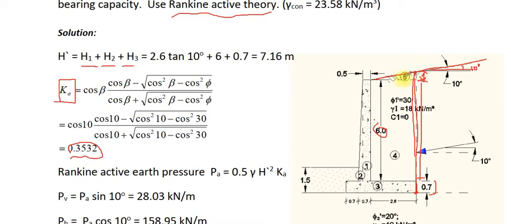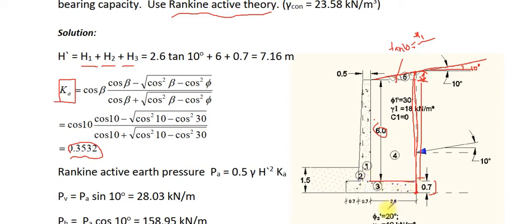The height H1 is computed from tan beta: tan 10 equals H1 over this distance.